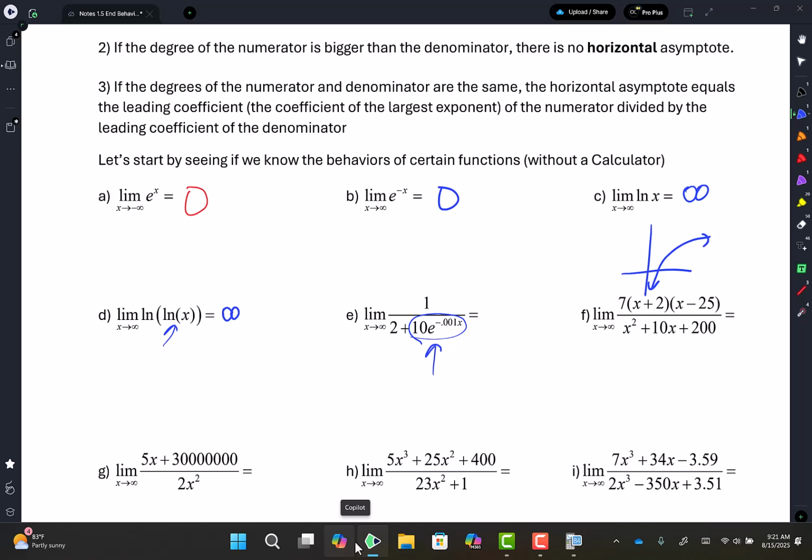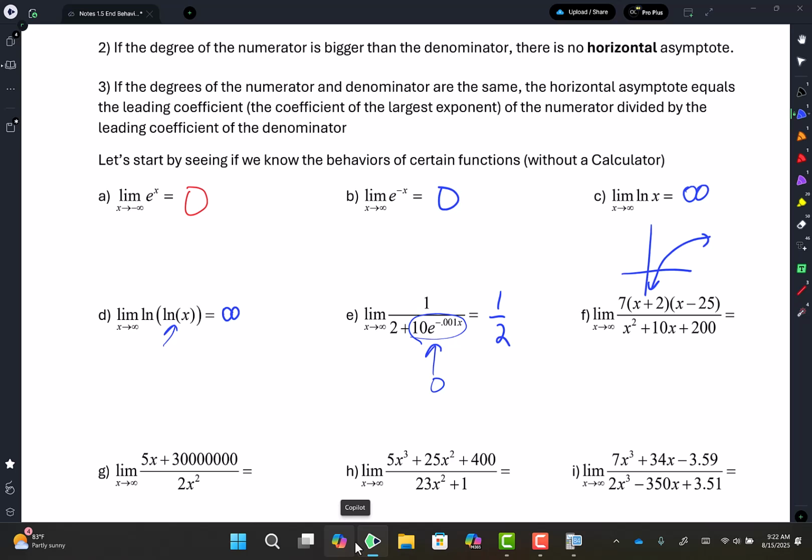No, not infinity. 0, just what I circled. So what's 1 over 2 plus 0? 0.5. 1/2. I'll say it again just in case. This 10 e to the negative 0.001x, it has a negative in it. That's approaching 0. So this is going to be approaching 0.5.